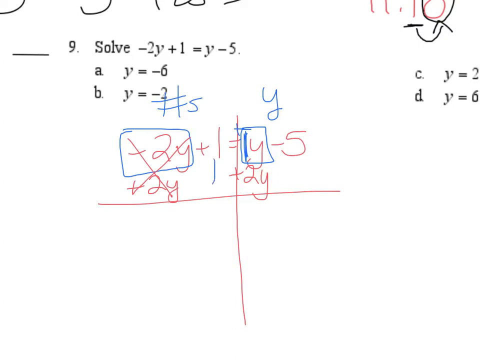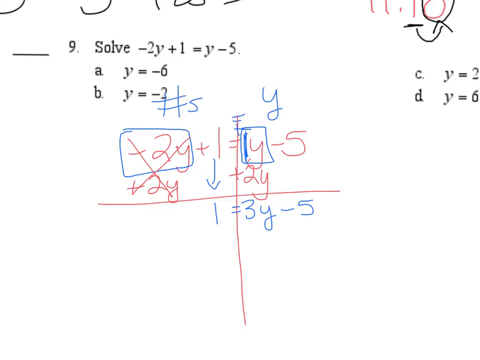So now I'm going to bring down my positive 1 because I haven't done anything with it yet. I'm going to go ahead and add, I had 1y and I'm adding 2 more, so now I have 3y minus 5. I like to just bring down my equal sign. This line is my equal sign, just so you know.